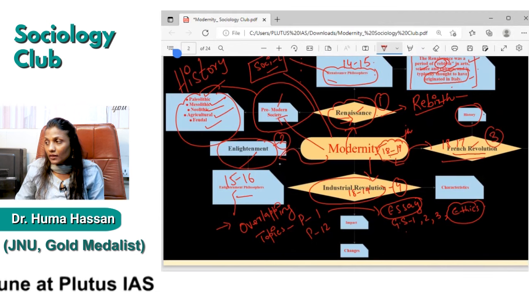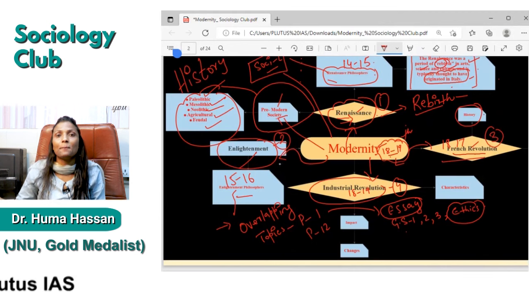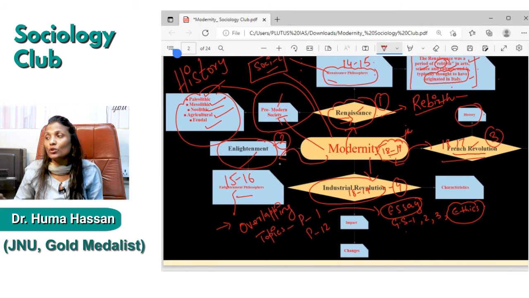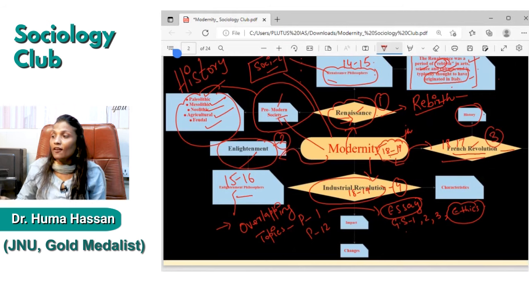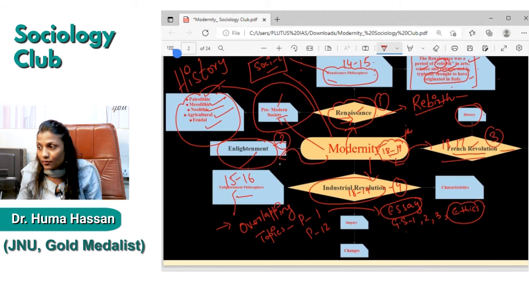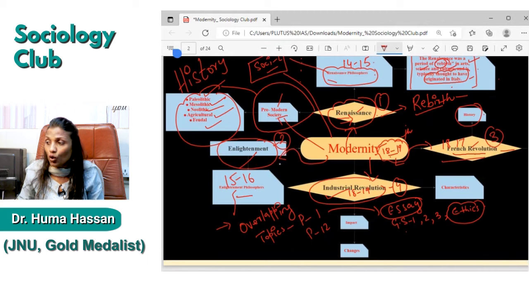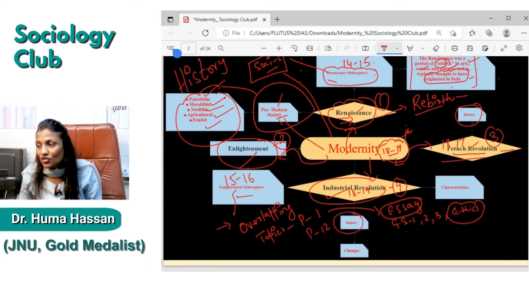And then you should know the impact that French Revolution has brought on society. Whereas when I am writing here in this flowchart, Industrial Revolution, I did not write about impact or historical events. Of course, you need to show the impact, how it impacted society, what changes it has brought.